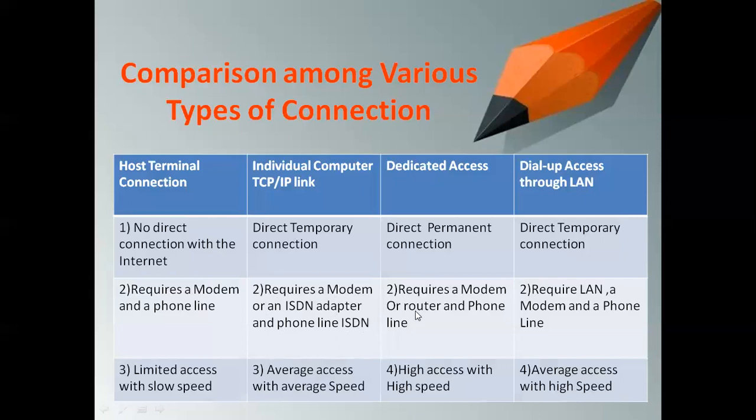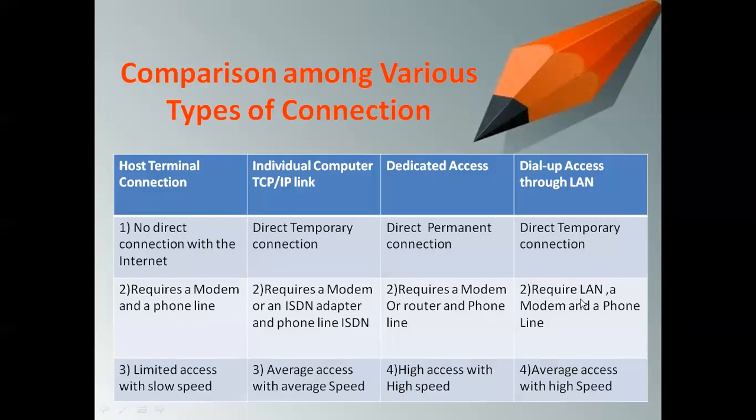In this one we require a modem or router and phone line. So the first requires a modem, the second requires a modem or ISDN connection, and the third, a modem or a router.